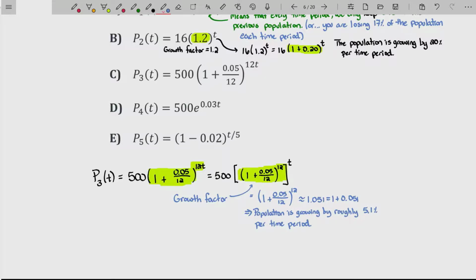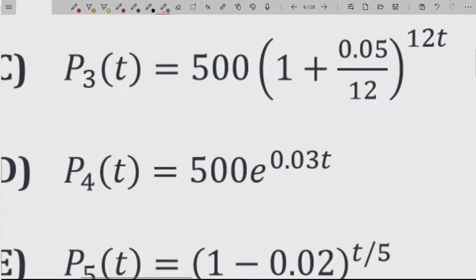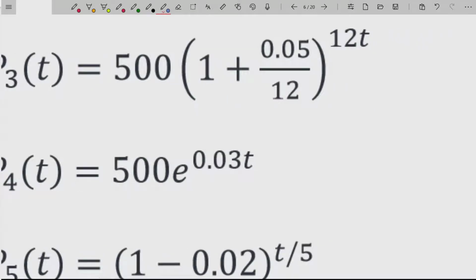Let's see what the growth factor is here with this function p sub 4. This is a little bit wackier. I totally get it. But using the method that we had from the previous problem, we could write this as 500 times e to the 0.03 raised to the t power.